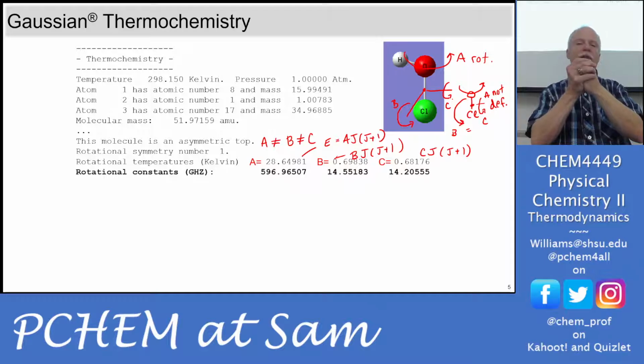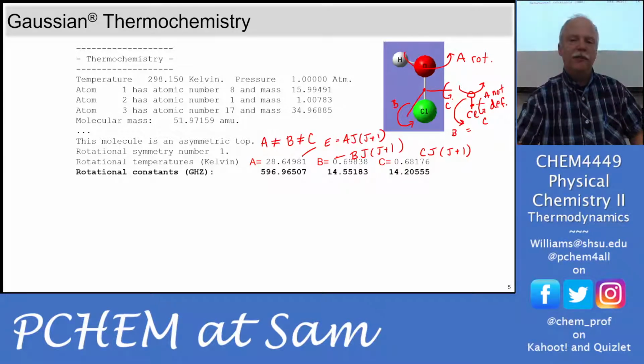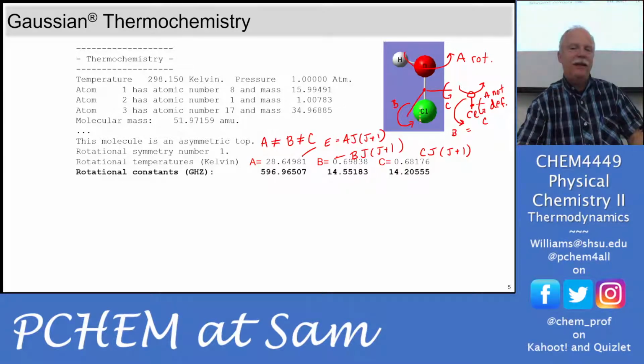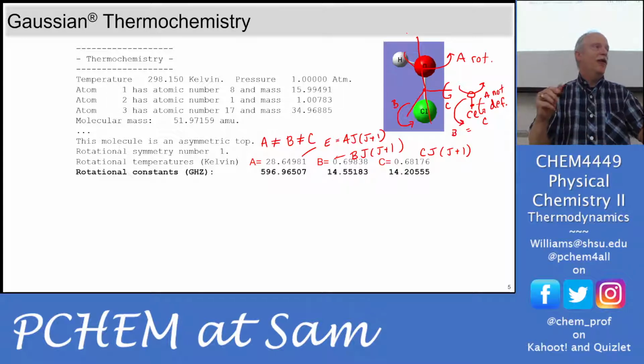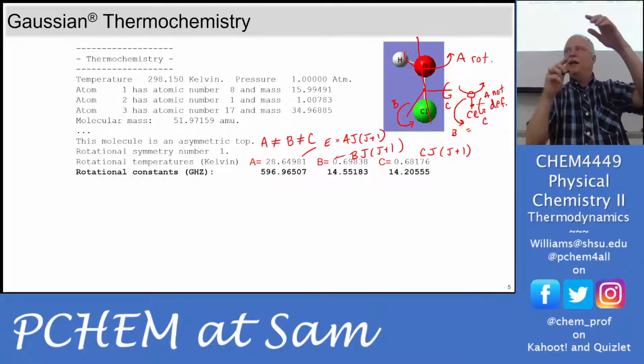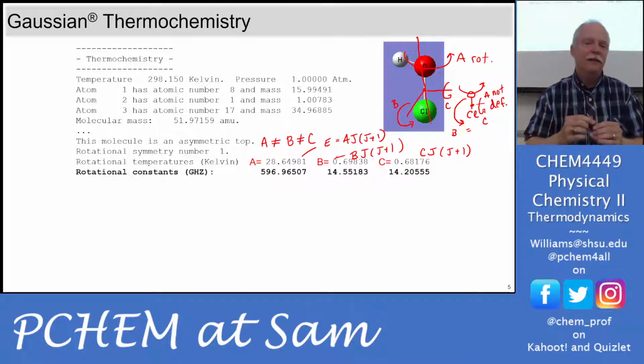And so that A rotation really isn't exactly around that bond, but the hydrogen's so light, it might as well be. But that axis is probably just barely tipped over because of the weight of the hydrogen. And it's really rotating around that little bit off axis, yeah.